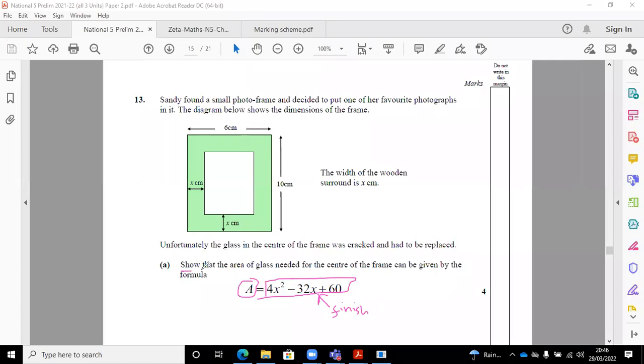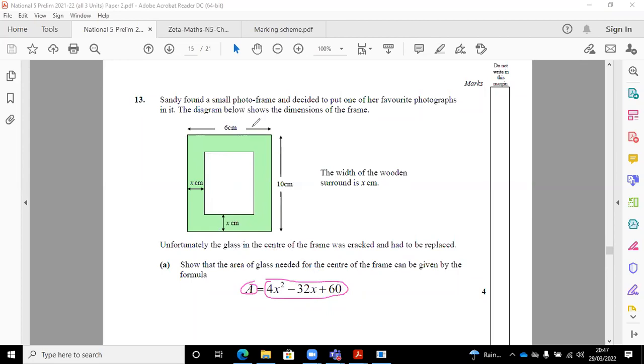Whenever you see show that or prove, this is your start point and this is your finish point. You're given the answer in the question. You just need to get there, which is the hard part. So we need to take the area of a rectangle and get to this 4x squared minus 32x plus 60.